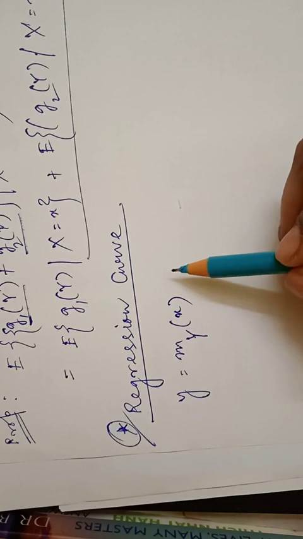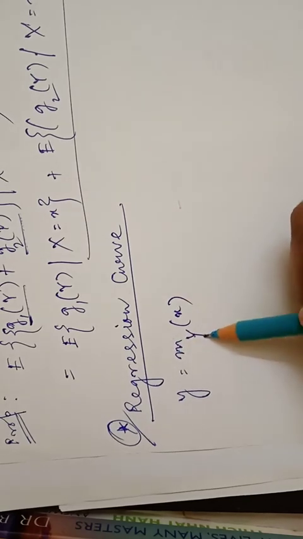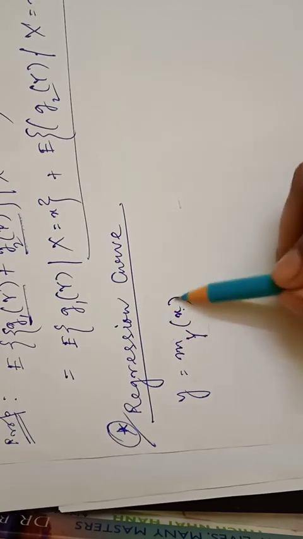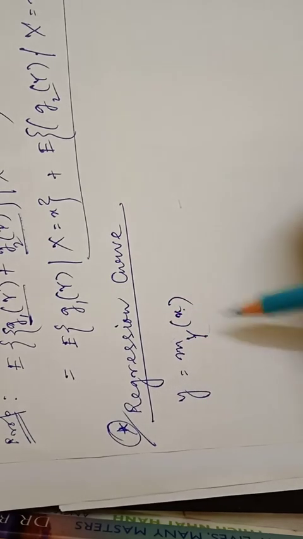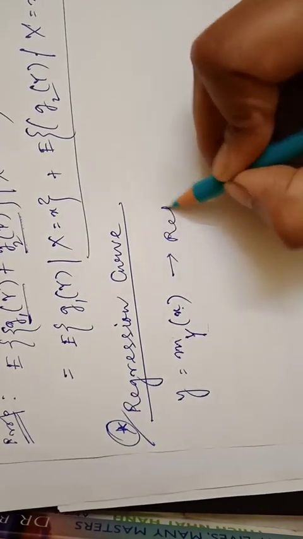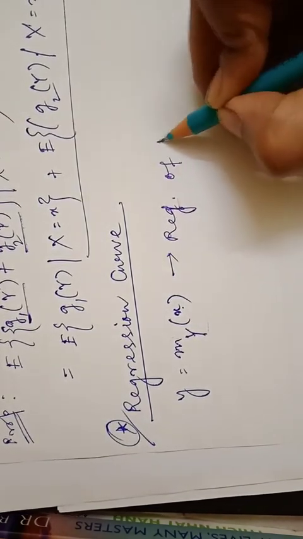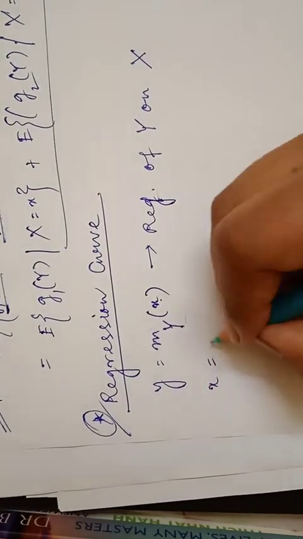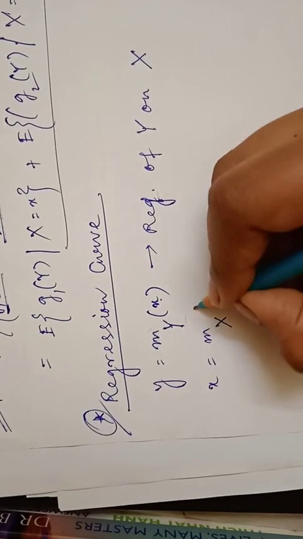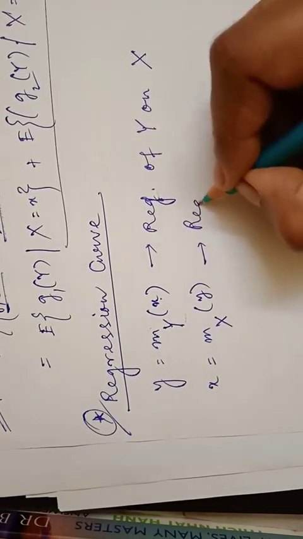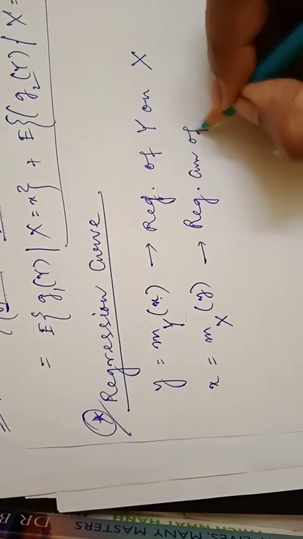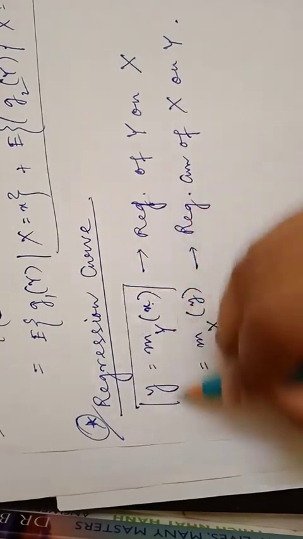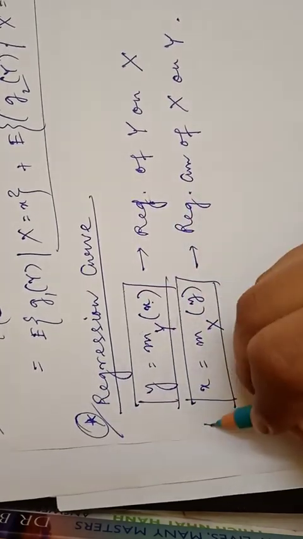That means, for continuous cases, the conditional mean of y when x equals x has already happened. Now you can calculate the value. Now take y equals to m(y|x). This is called the regression curve of y on x. Similarly, x equals to m(x|y), this is called the regression curve of x on y. These two are very important formulas, you need to memorize them.